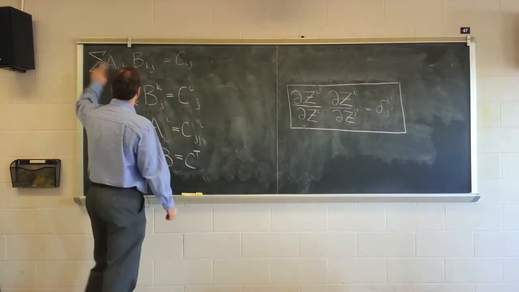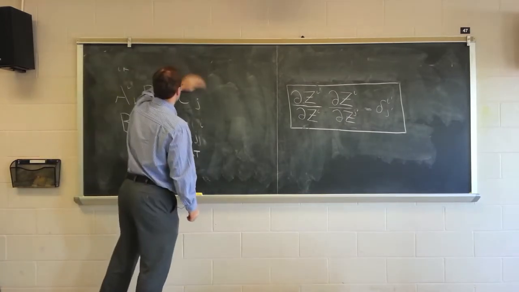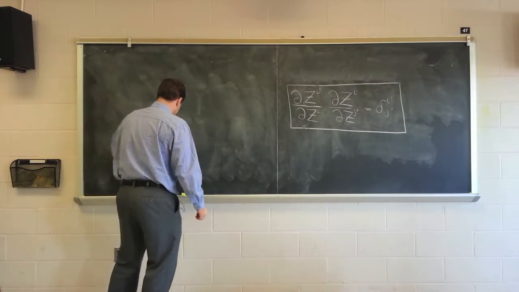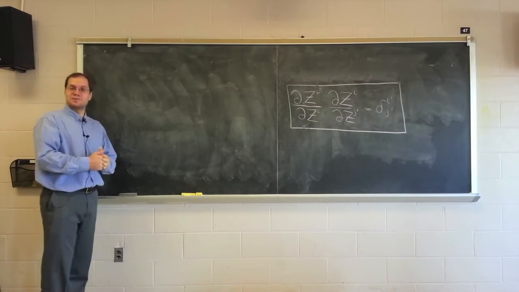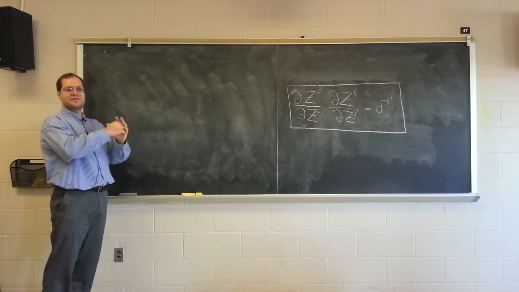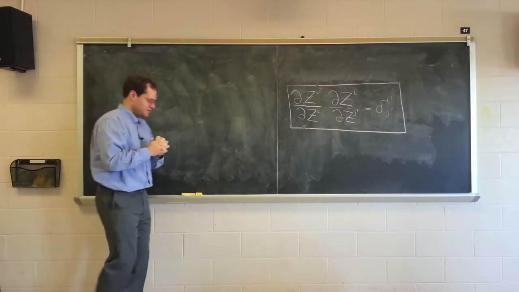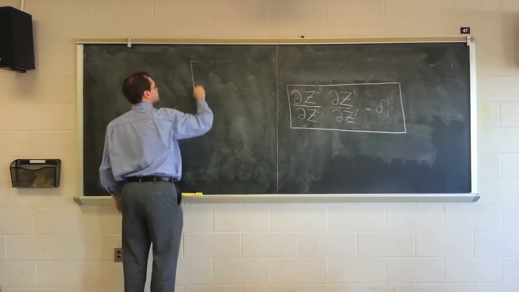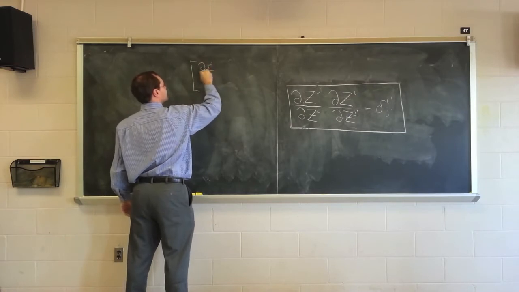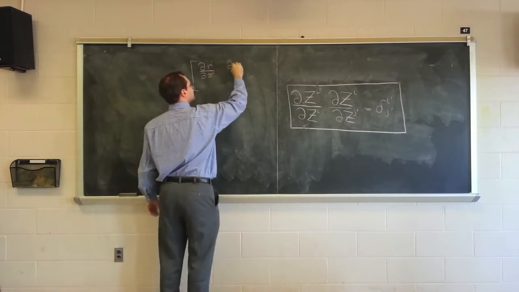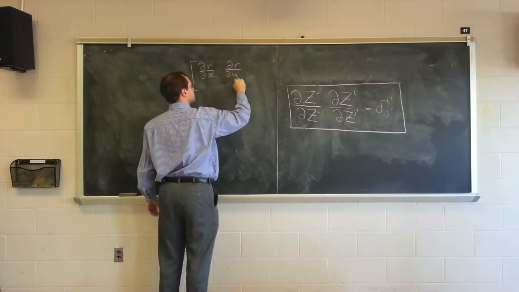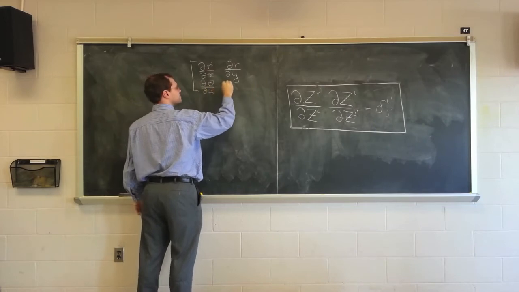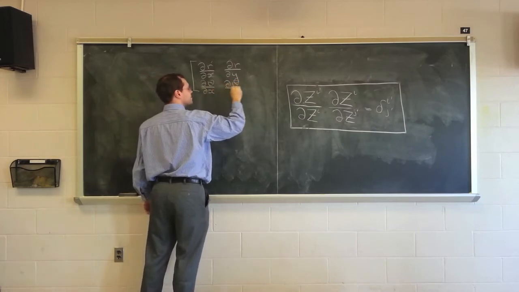So now let's introduce the Jacobian functions, the Jacobians. So remember the Jacobian was this thing: dr dx, dr dy, d theta dx, d theta dy.